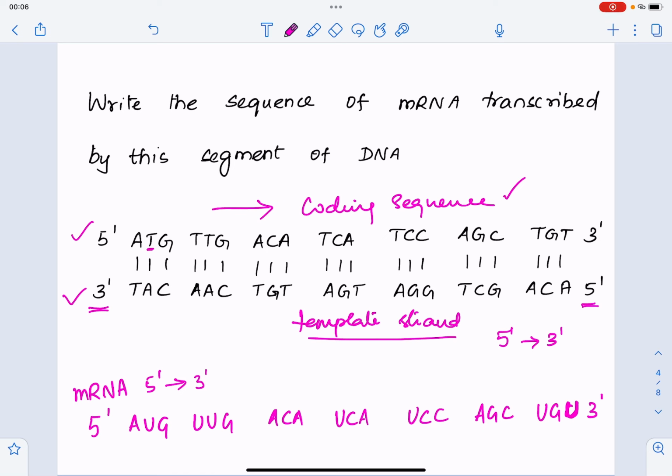It is exactly that of the coding strand when thymine is replaced by uracil, and it is complementary to that of the template strand. So this is the mRNA sequence.